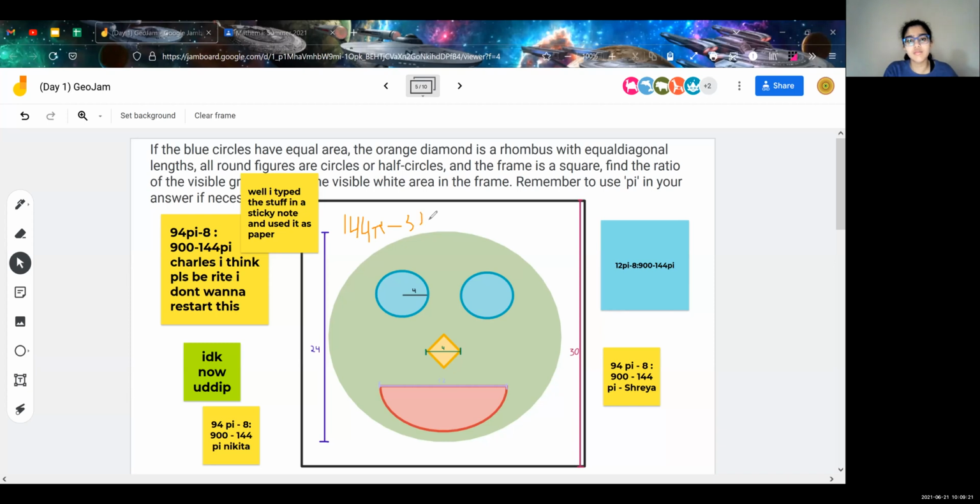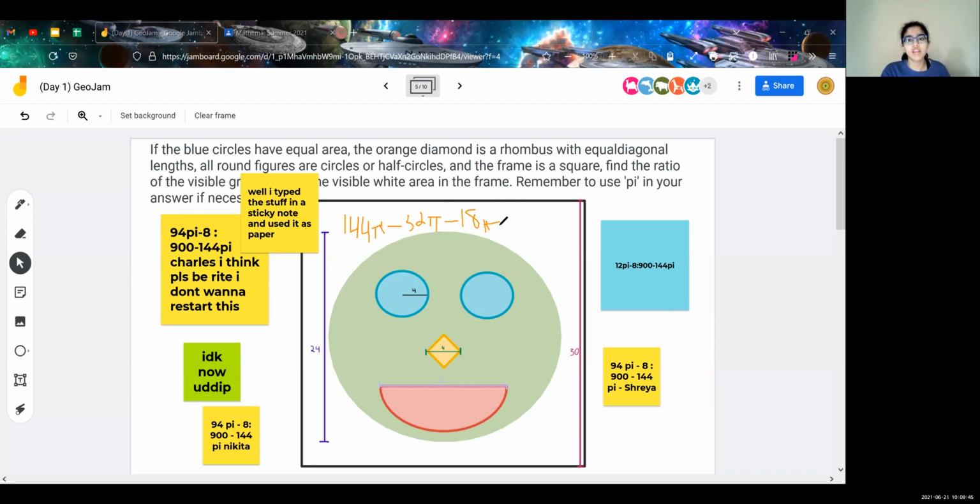So we subtract 32 pi, and then we have to find the area of this red half circle down here. The radius of that is 12 divided by 2, or 6. So we do 6 squared times pi divided by 2, which is 18 pi. So 144 minus, and then you can combine these to get minus 50 pi.